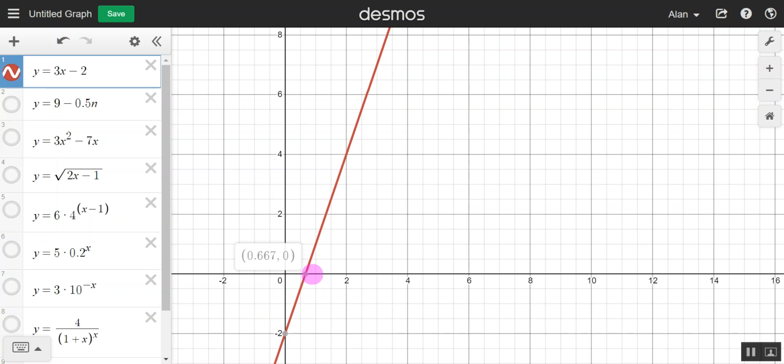So x of 2/3 maps to 0 in y. If you go up in the x, and let's go up to 2, 2 and 4. So I've gone up to 2 on the x, and it's gone up to 4.